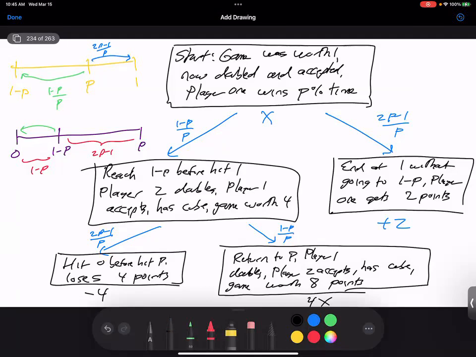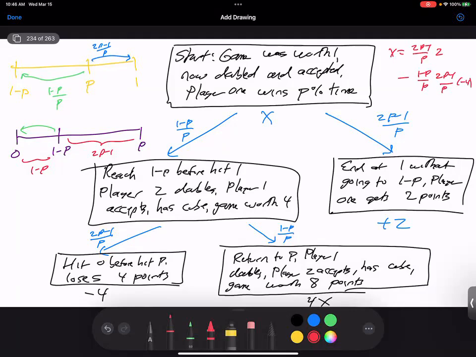And so trying to squeeze everything, I would get x is equal to (2p minus 1) over p times 2 from the first part, plus the next one is we lose 4 points. So that's going to be, I guess, a minus. And the probability we get here is (1 minus p) over p, (2p minus 1) over p times 4.